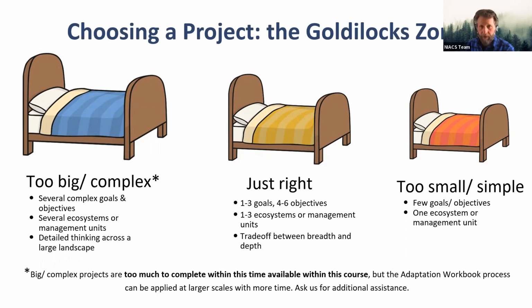In particular, I think too big and too complex is the bigger issue for a lot of people that struggle with figuring out what's not too much. So really, have a couple of management units or ecosystems that you're thinking about.